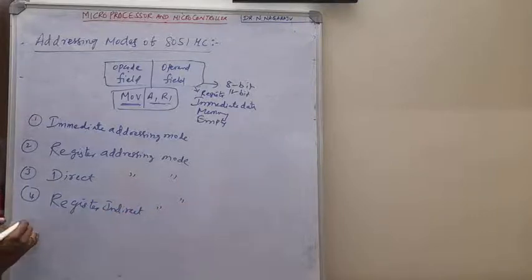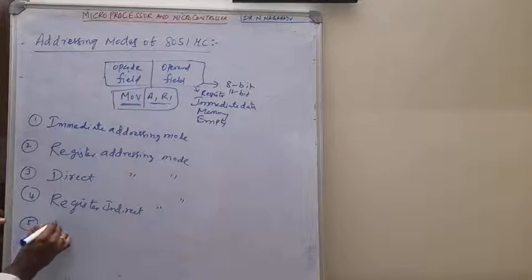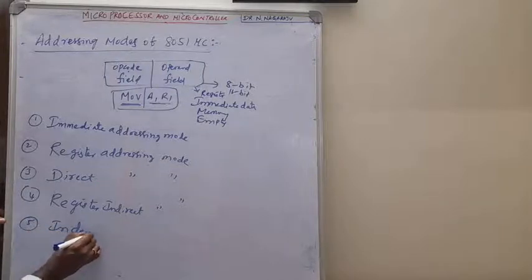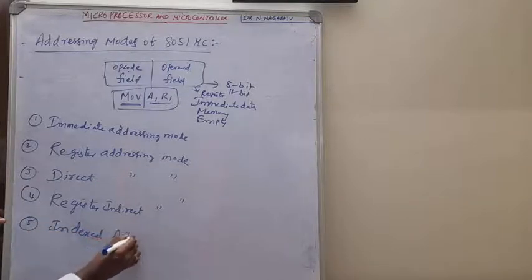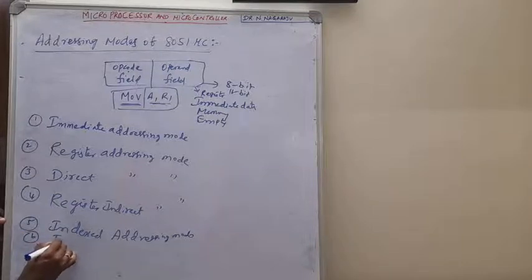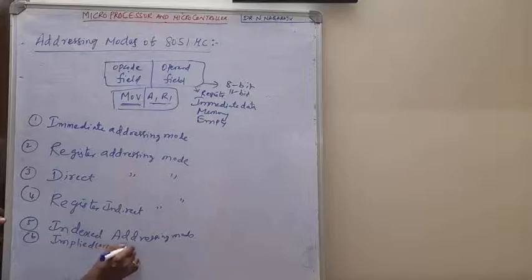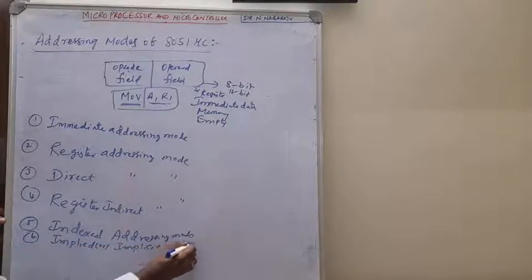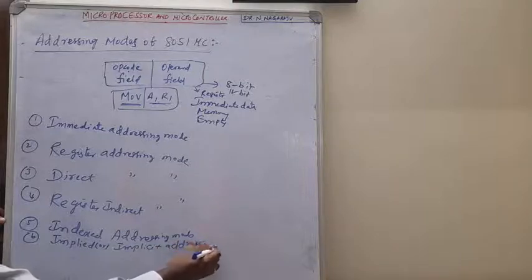The fifth one is indexed addressing mode. And the sixth one is implied or implicit addressing mode. These are the six basic addressing modes involved in 8051 microcontroller. Now let us see them one by one.